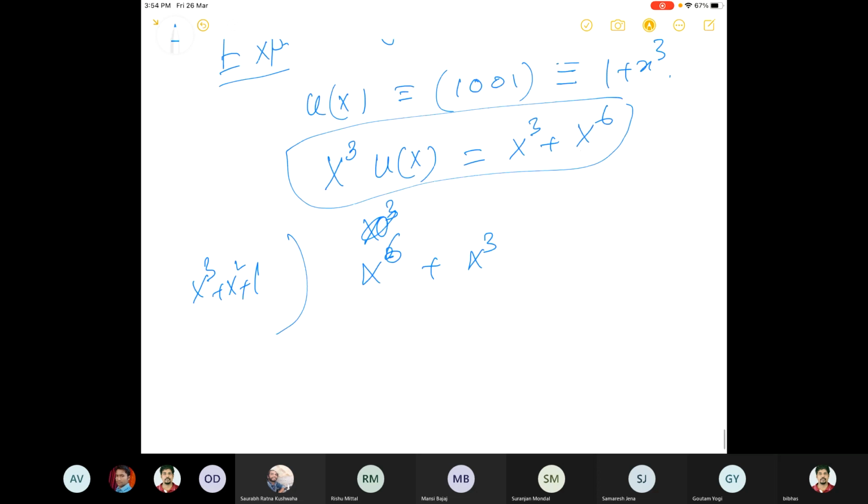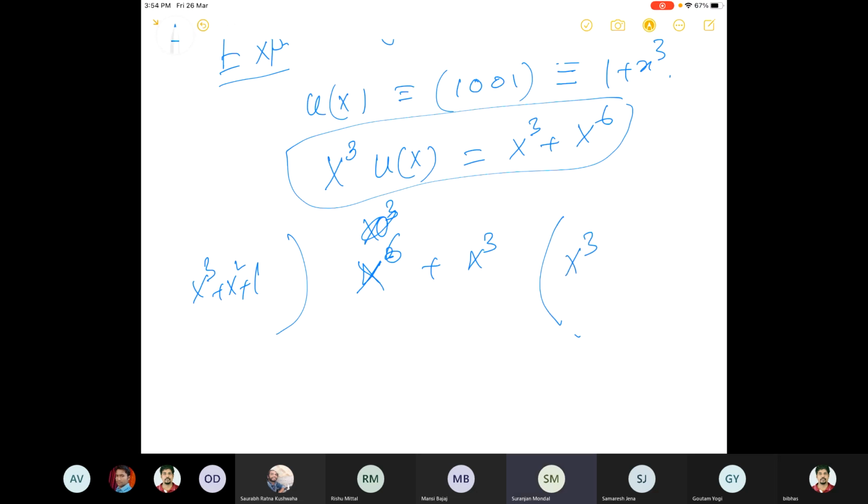So how do you do it? How to divide this? What should be the term here? How do you go about this? How to divide this x to the power 6 plus x to the 3 by x cube plus x plus 1? X cube.